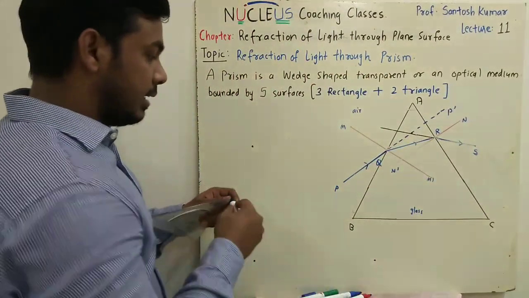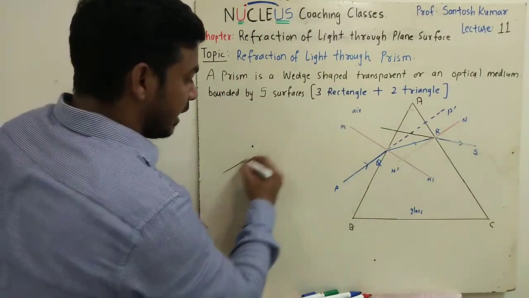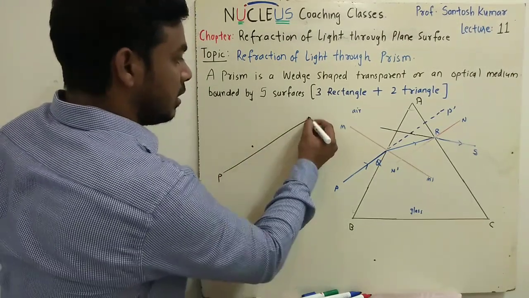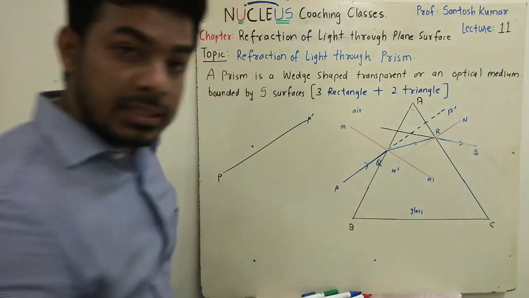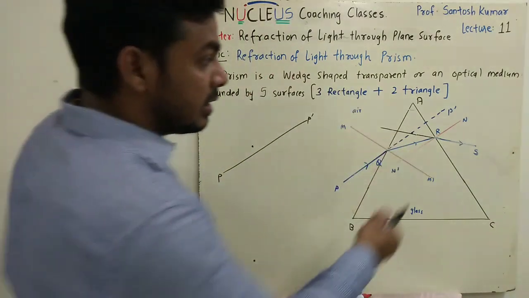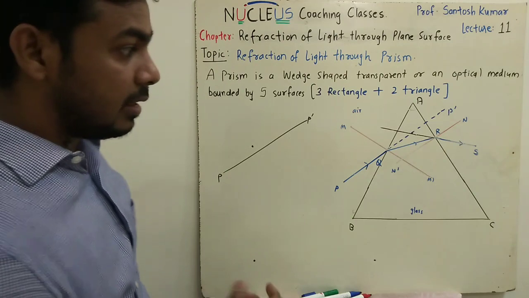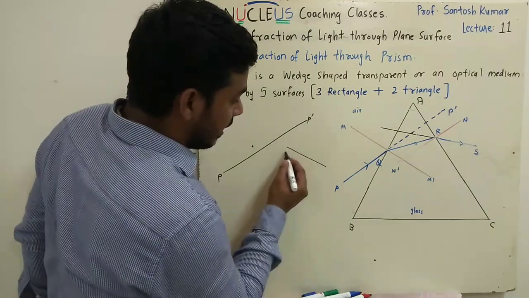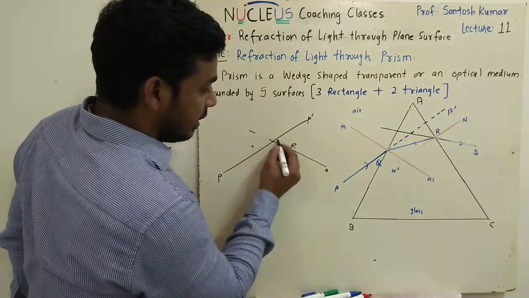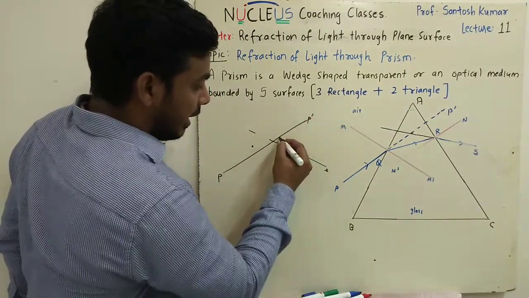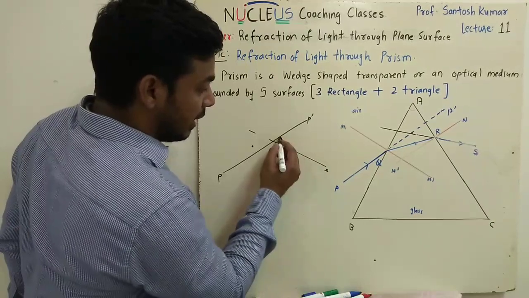You can say that if the prism was absent, the light could have traveled along PP dash, but due to the presence of the prism, it gets refracted at one face AB, and again it gets refracted at the other face AC. So the final path is like this, RS. If I trace it backward, we can see the original ray has been bent by this angle.